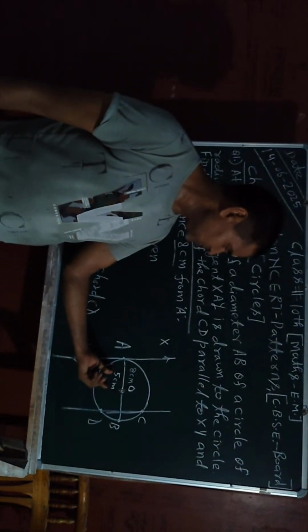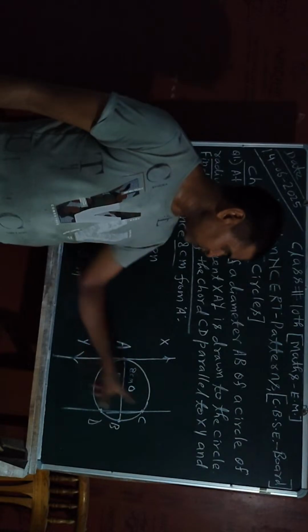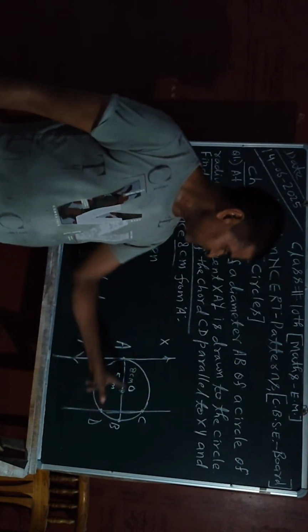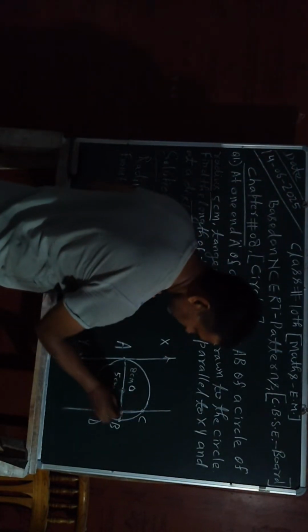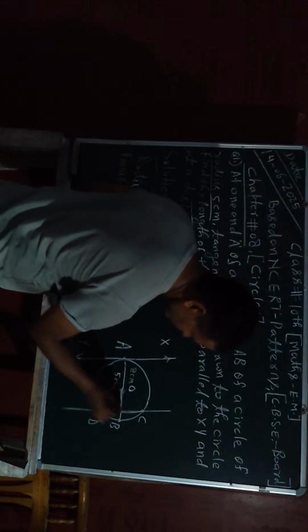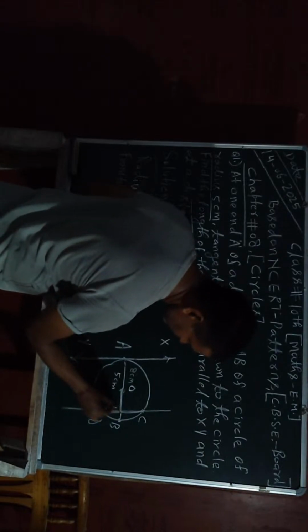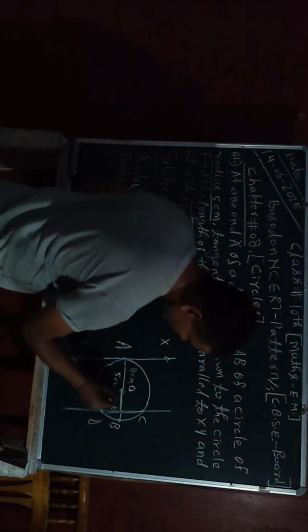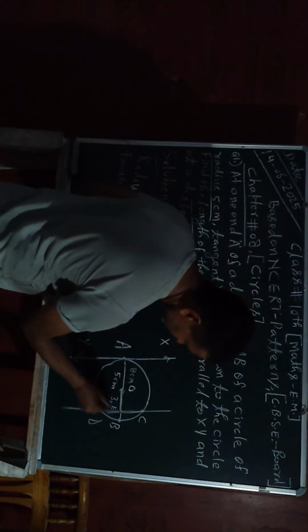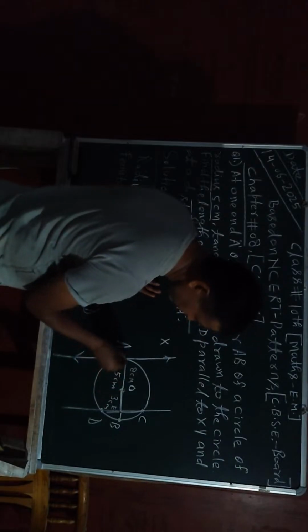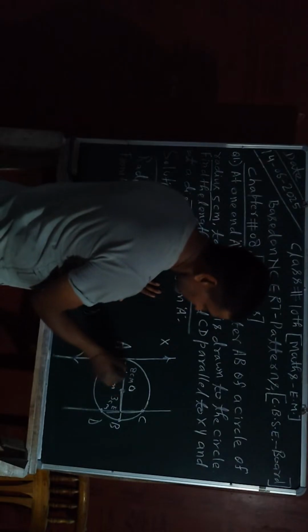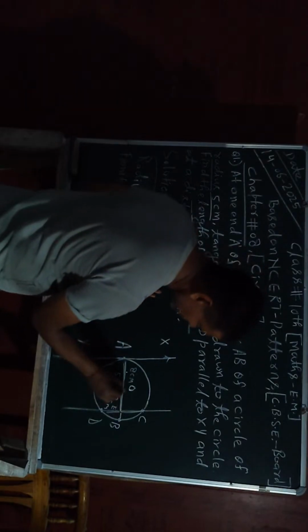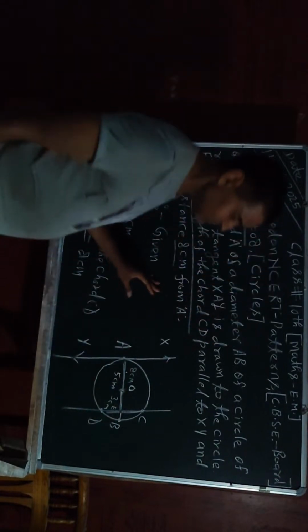The radius of the circle is 5 cm, and from the point A to the chord CD, the length is 8 cm. So I am calculating the length from the center to this point. I am going to call this point E, and this length will be 3 cm. This length is 5 cm, and from this point to this point is 8 cm. So 8 minus 5 will be 3 cm. So from this point to this point will be 3 cm.